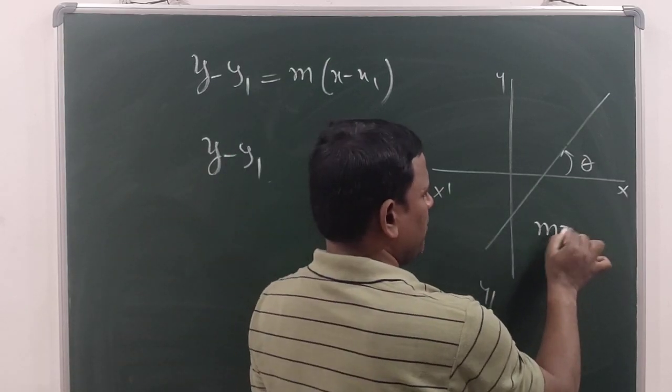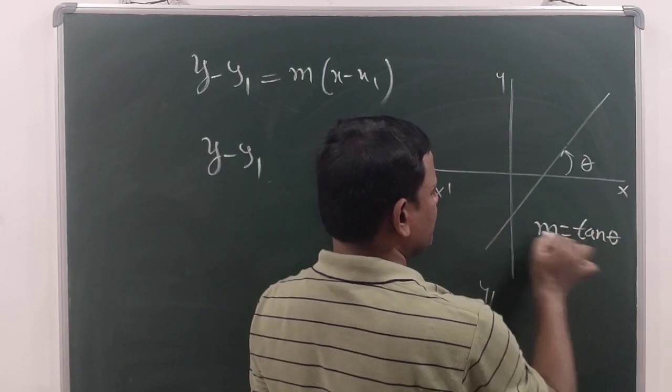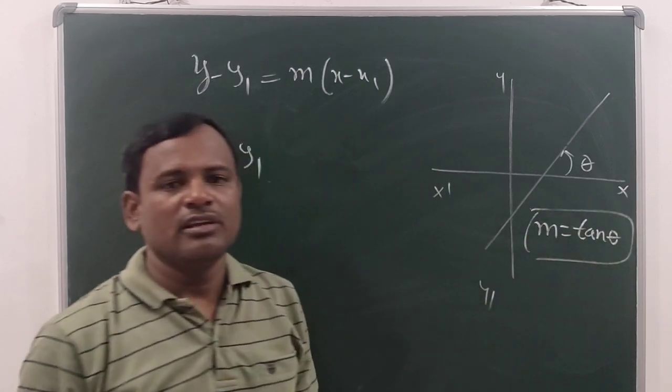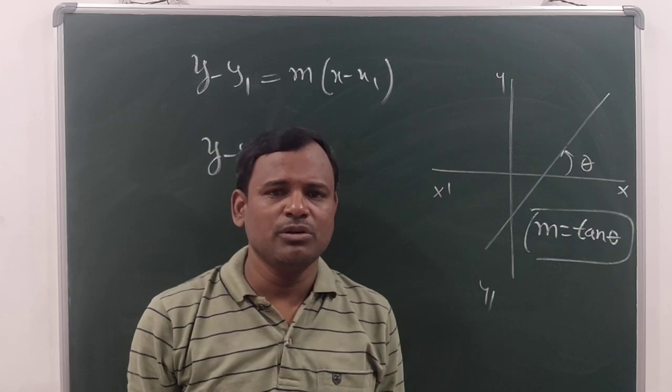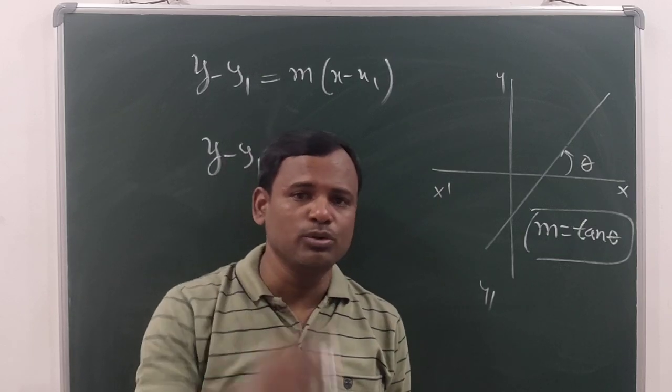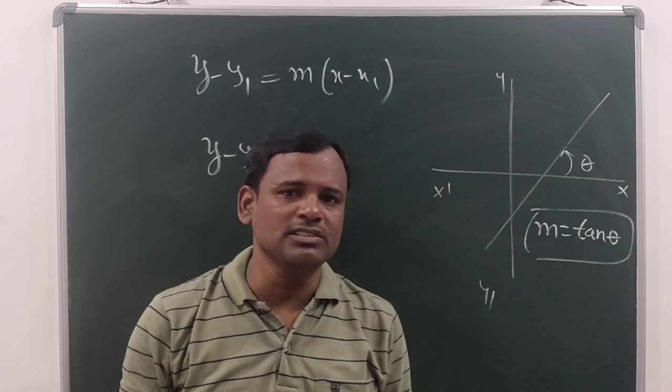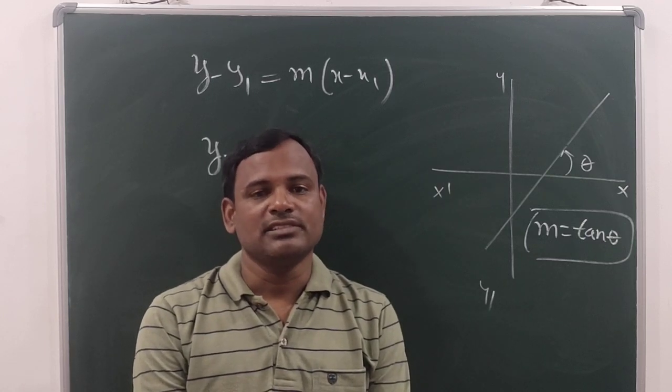As you know, m is equal to tan theta. Am I right? I taught the slope concept in my class, so if you want that slope concept, you can go through my slope concept class.